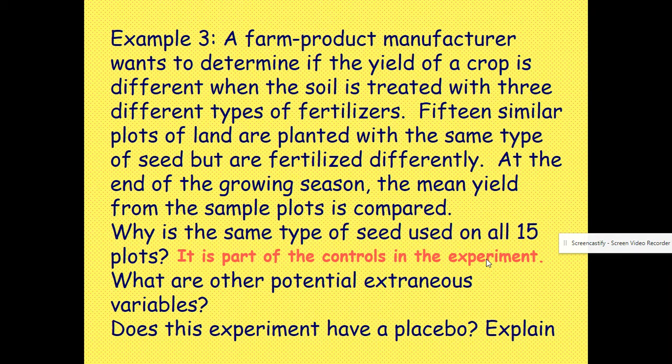There's some stuff that I'm going to add to this later. So what are some other potential extraneous variables? Extraneous variables are other things that we did not control for that may directly impact our response variable. Our response variable here was the yield of crop. So what are things?